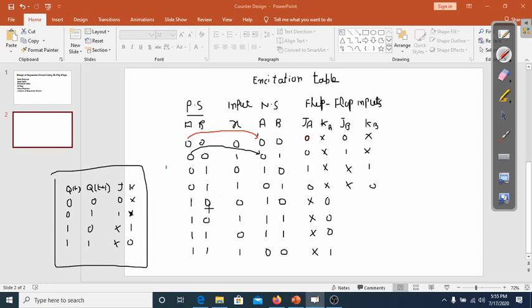When present state is 0, next state is 0, there is no change. In this case, J should be 0 and K should be don't care. Next, you see here the present state is 0, next state is 1. So here J should be 1, K should be a don't care.